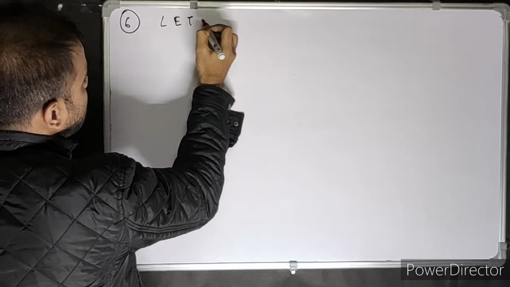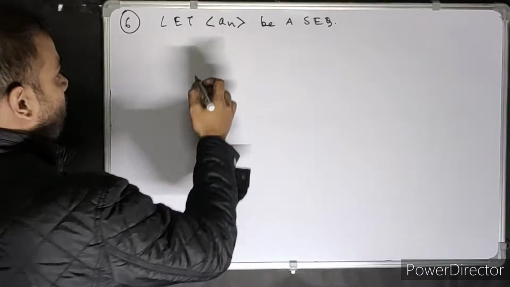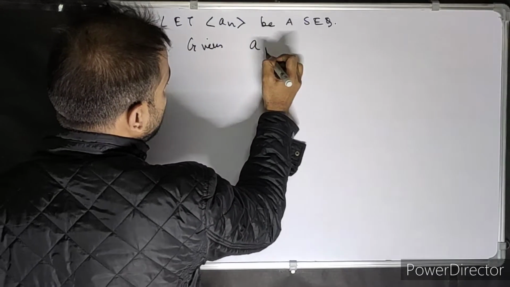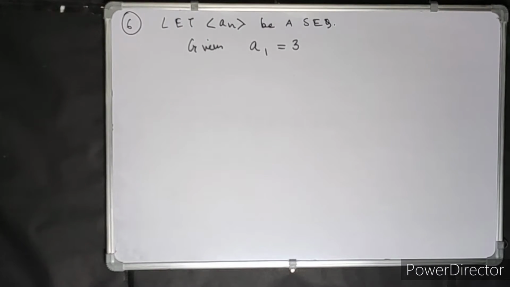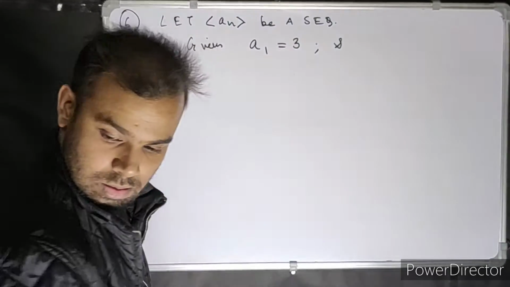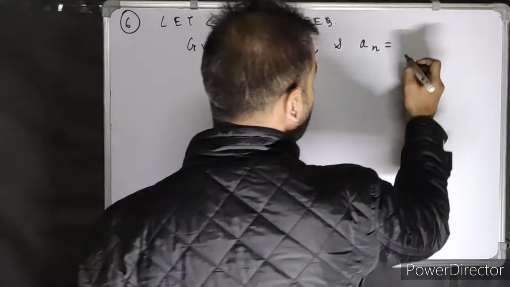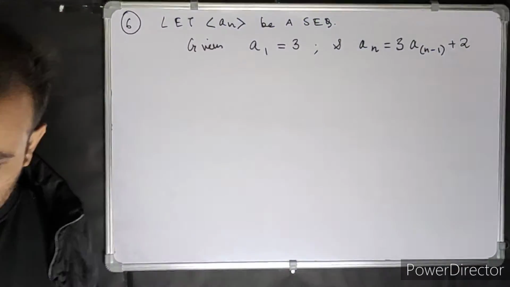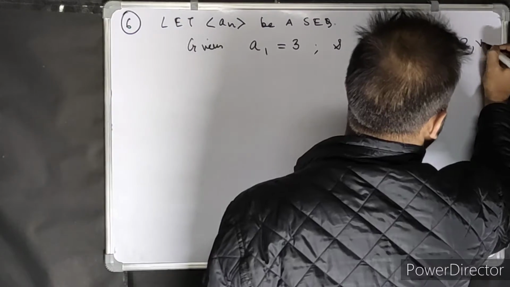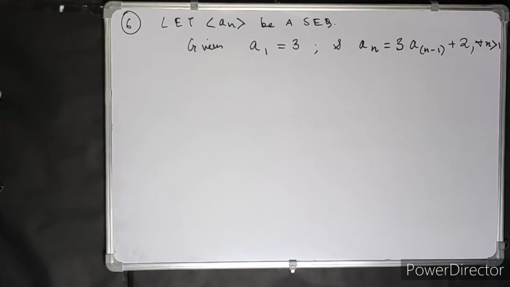Let a_n be a sequence, and it is given that a_1 is equal to 3, and the nth term formula is also given: a_n is equal to 3a_(n-1) plus 2, for all n greater than 1. This is given to you.